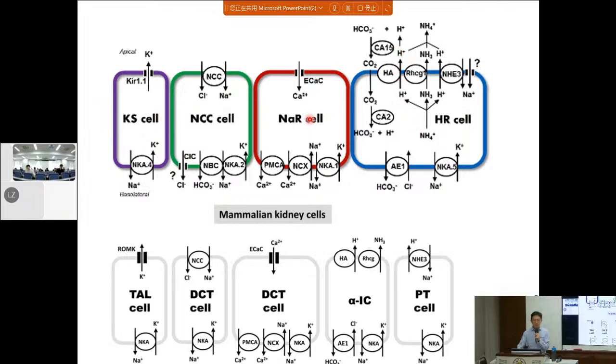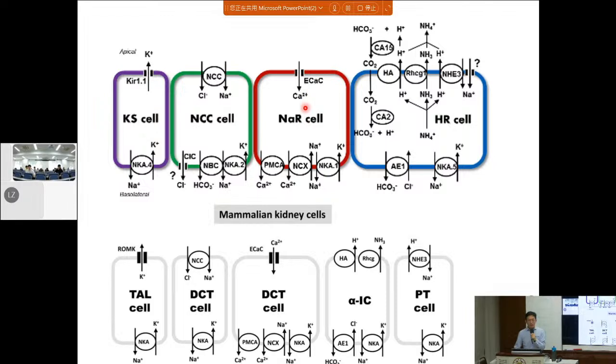And in contrast, the sodium pump-rich cell, they are responsible for calcium uptake. So they express the epithelial calcium channel in the apical membrane. So the calcium enters the cell passively because the calcium concentration inside the cell is very low.